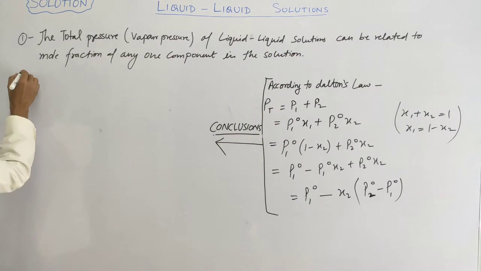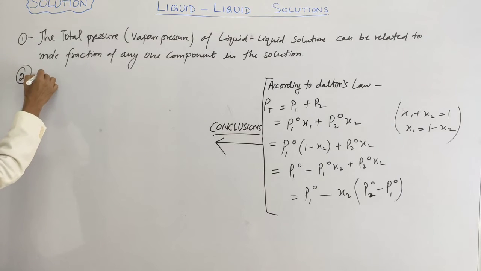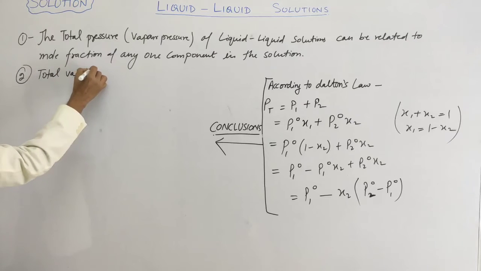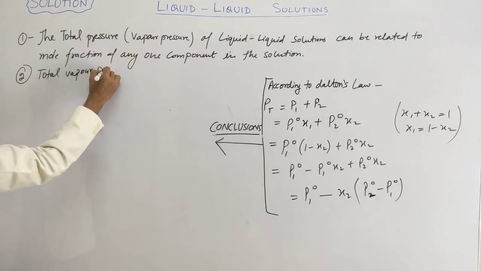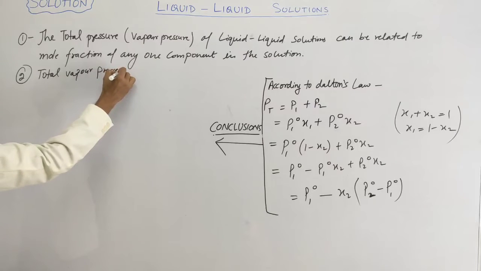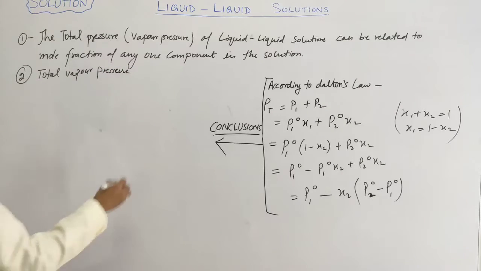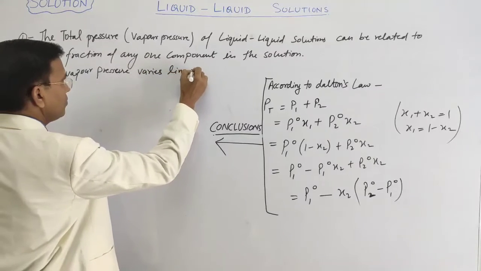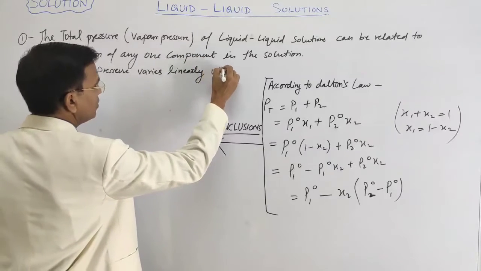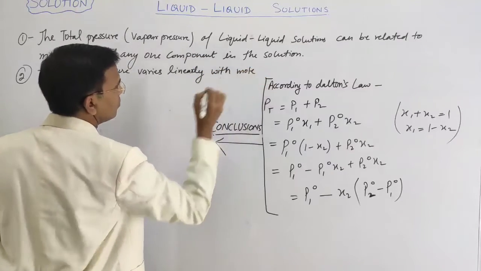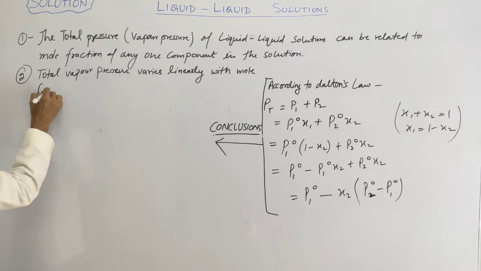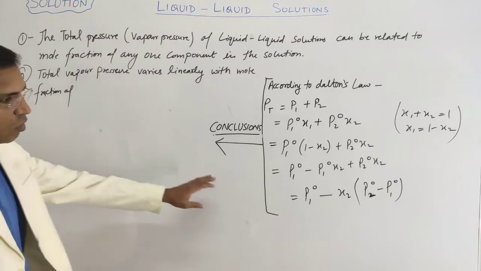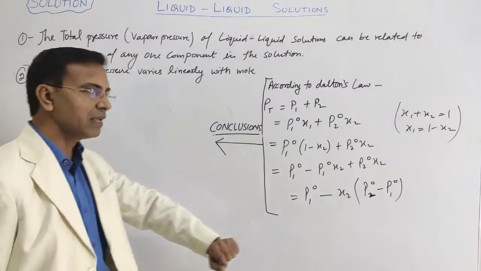Right? Clear? Now the second point is total vapor pressure varies linearly with mole fraction of any one component, whether it is first or second.